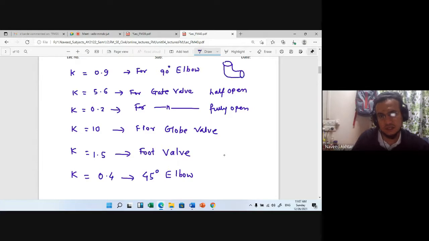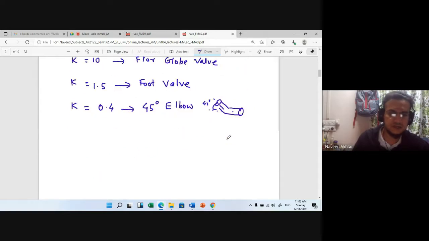And 45-degree elbow, it is like that. So it makes an angle of 45. If you see, this angle is 45, so that's why it is called a 45-degree elbow. The value of K depends on that.